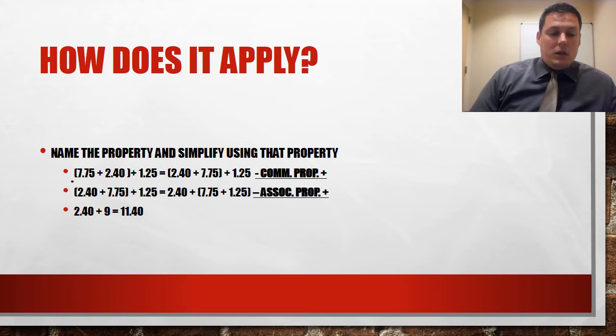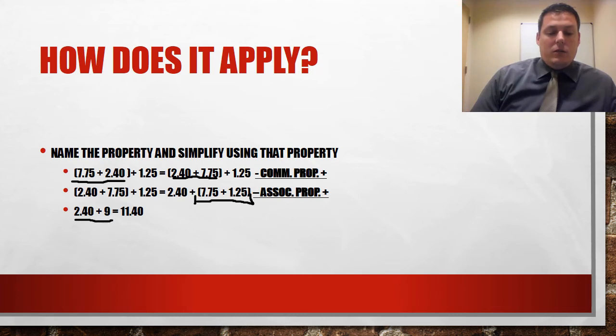So first I want to switch the order of these in parentheses. Remember, switching the order is commutative. Now switching the grouping, because it's easier to add these things in my head than 2.40 and 7.75, I want to switch the grouping, which is the associative property.